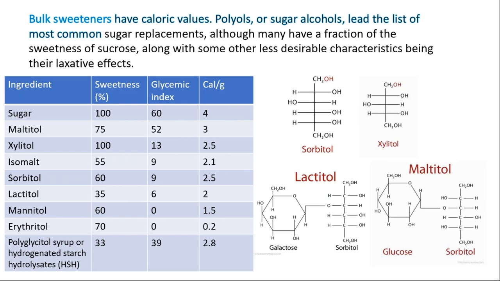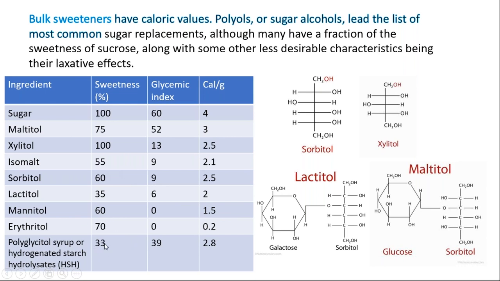These are bulk sweeteners and not as sweet as sucrose. So they are less sweet than sucrose. If the sweetness of sugar is taken as 100, you see maltitol has 75. Xylitol is the only one which is as sweet as sugar. Sorbitol is about 60 and erythritol is 70.